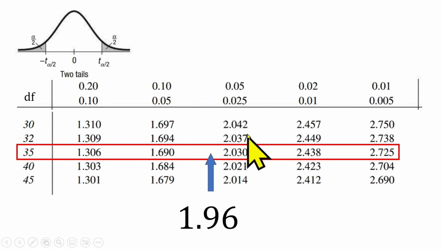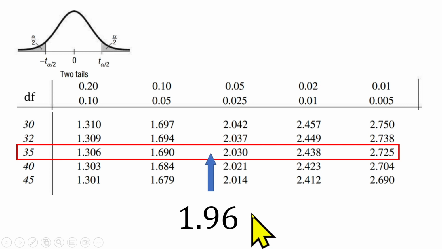Now, the table doesn't give us negative values, it gives us positive values. So instead of going minus 1.96, if we put a plus 1.96 and get the area in the upper tail, that would be the same area as in the lower tail, because of symmetry. So when we estimate our p-value using the t-table, we're always going to just use a positive value for that test statistic, whether it's positive or not.